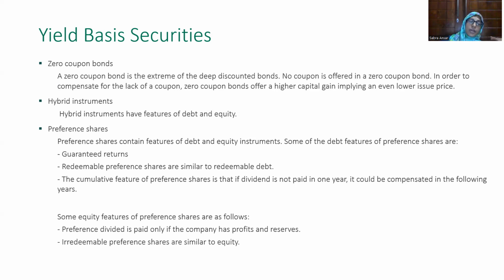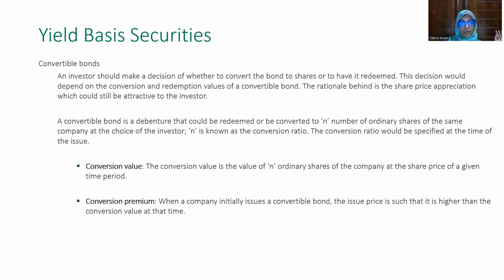Some of the equity features of a preference share: there would be preference shares which are paid only if the company has profits and reserves, and there will be irredeemable preference shares, which are basically similar to equity.